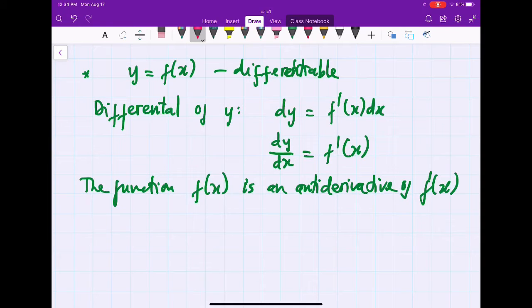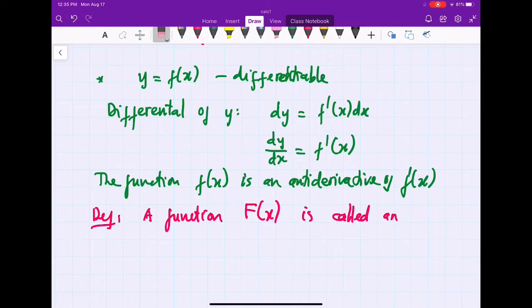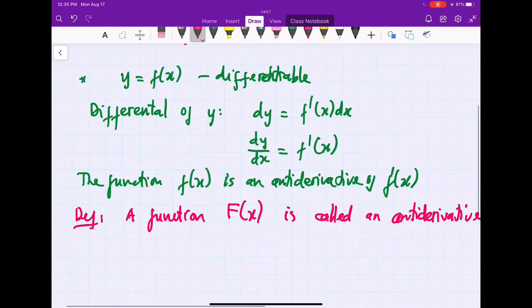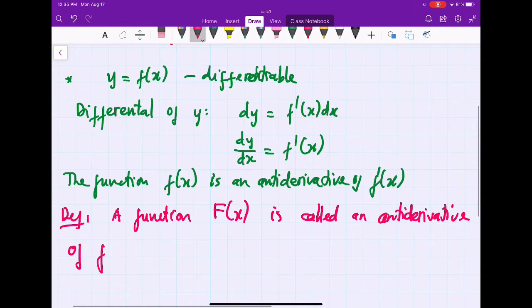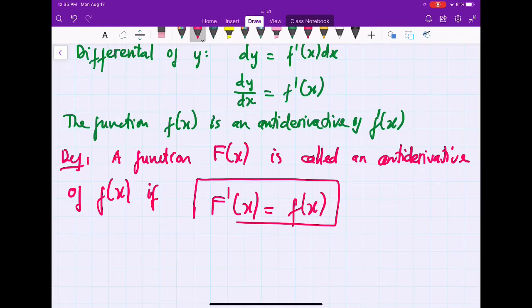So in general, we have the following definition. A function capital F is called an antiderivative of f of x if F prime of x equals f of x, right?